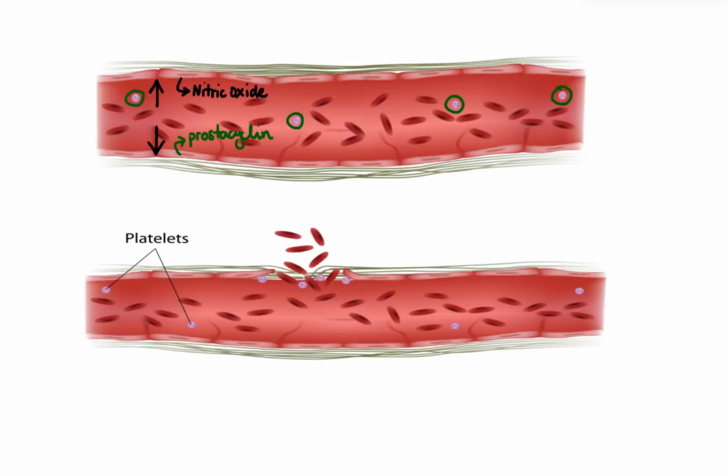Now, what happens when there is a damaged blood vessel, let's say due to a skin cut? Well, suddenly we have less nitric oxide and prostacyclin around, so blood vessels become constricted and platelets become activated. But first things first, with the help of von Willebrand factors, platelets adhere to exposed collagen, which in turn causes them to change shape.